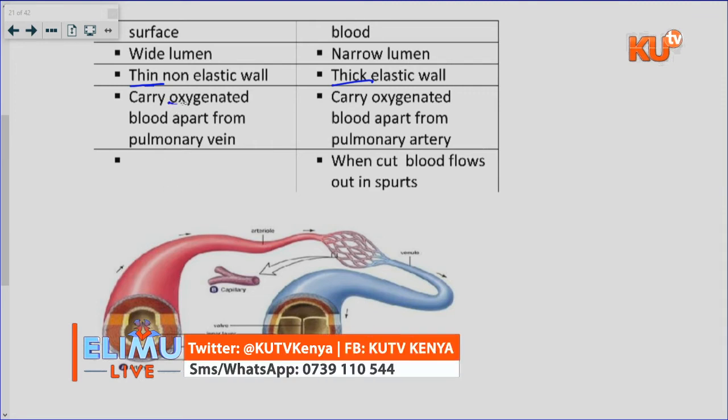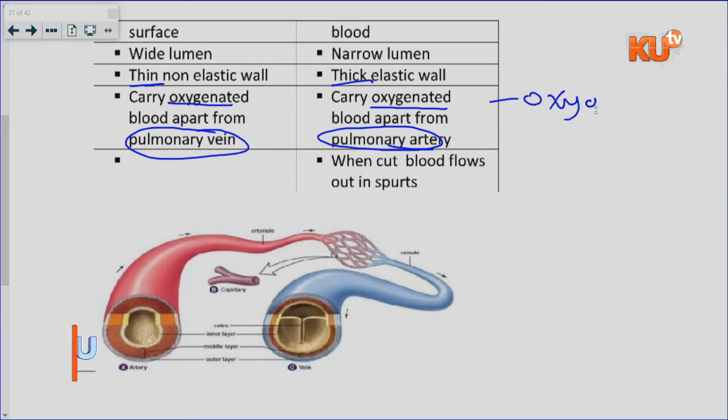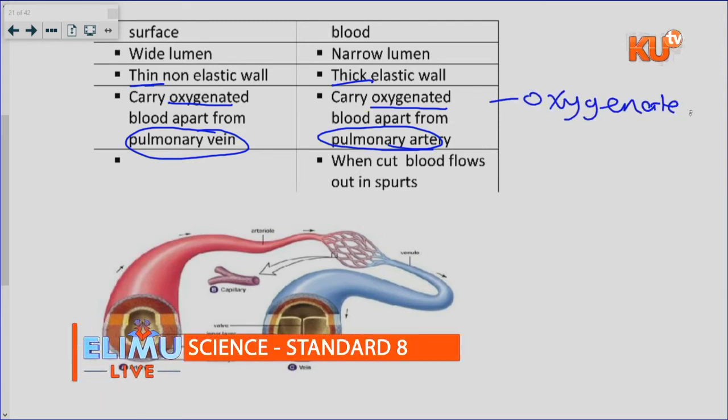Veins carry deoxygenated blood apart from the pulmonary vein. That is a key point. Veins carry deoxygenated blood apart from pulmonary vein, while arteries carry oxygenated blood apart from pulmonary artery. Oxygenated blood is blood that has oxygen in it.